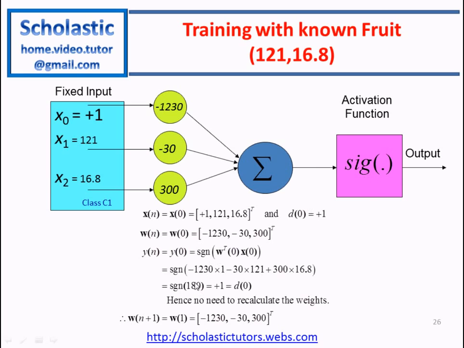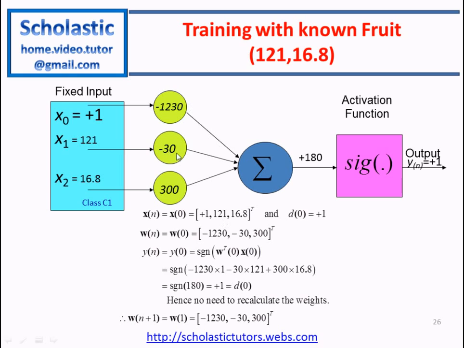It goes through the signum function, and if it is positive 180, the output will be positive 1. That means our desired output is correct, because we took this as class C1, and we defined that if you get plus 1, then it should belong to class C1. Hence no need to recalculate the weights. So we stop there, and the weights are correct.